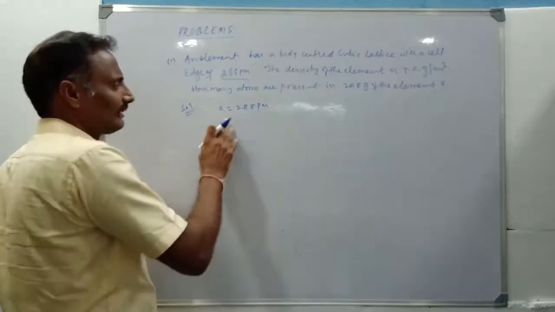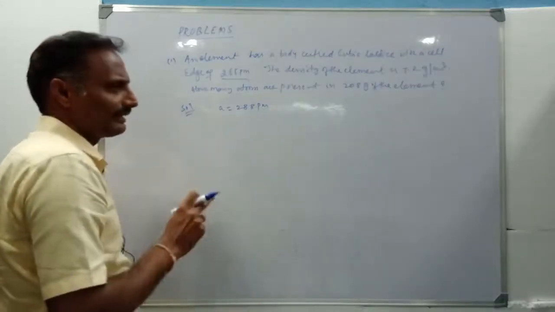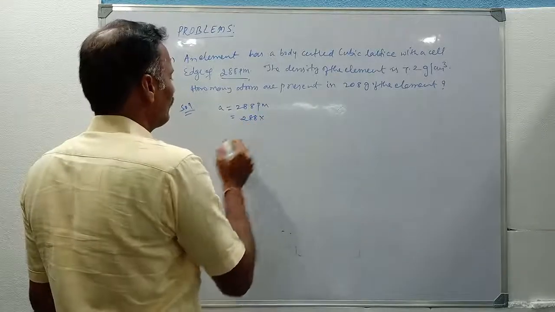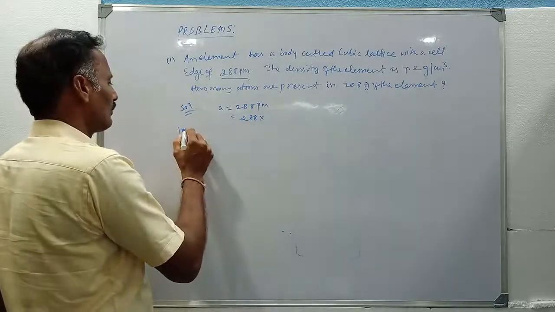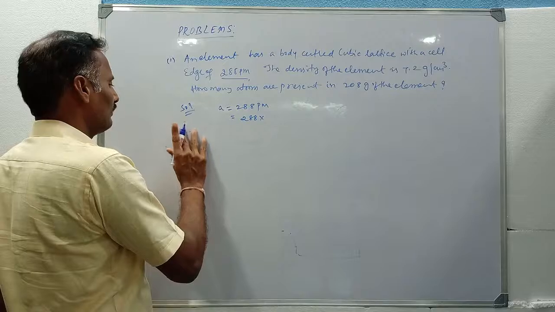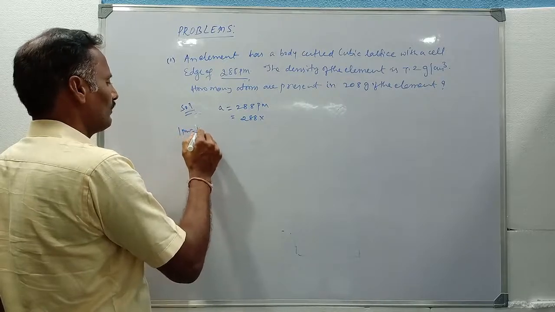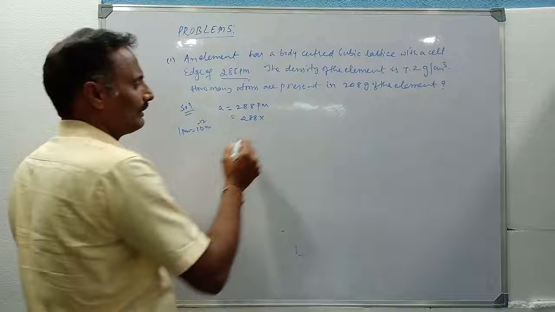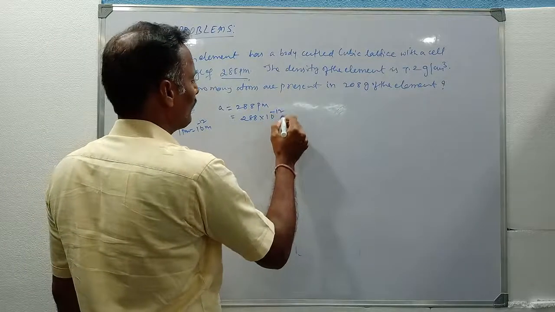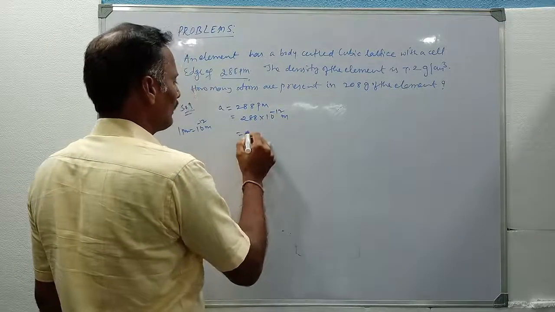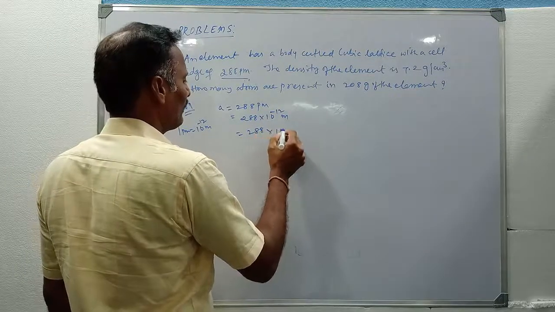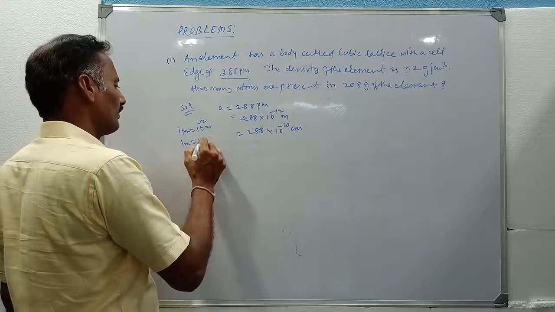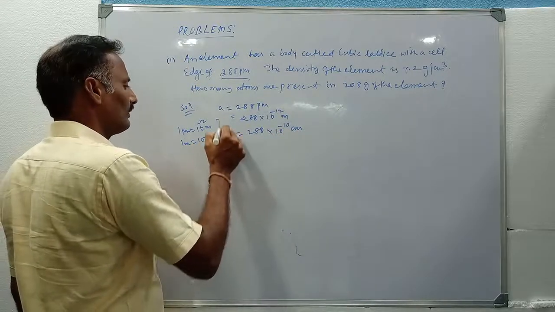First you convert this picometers into meters, then into centimeters. That is 288 into 1 picometer, and 1 picometer is equal to 10 to the power of minus 12 meters. 288 into 10 to the power of minus 12 meters equals 288 into 10 to the power of minus 10 centimeters, since 1 meter equals 100 centimeters.